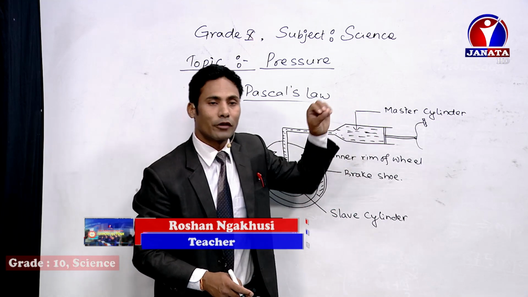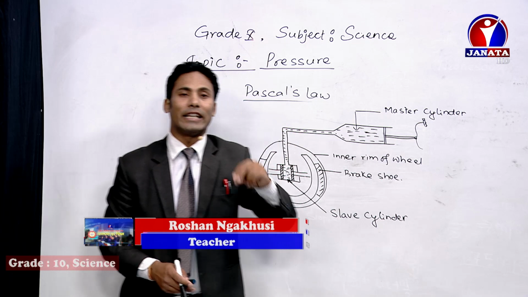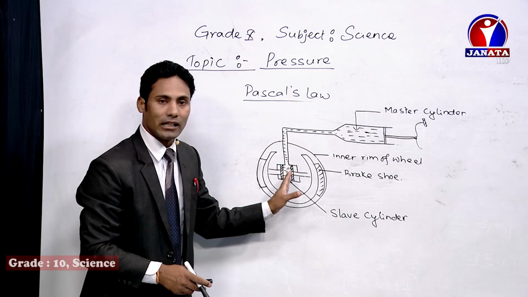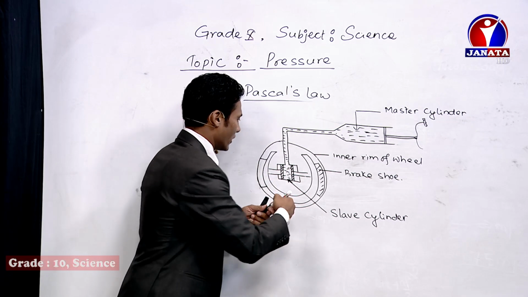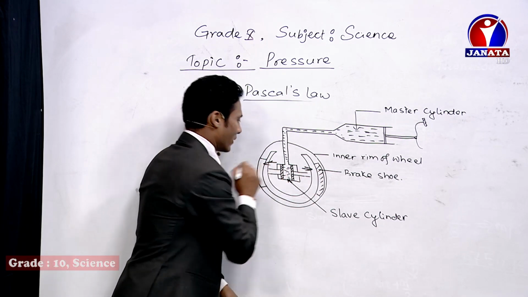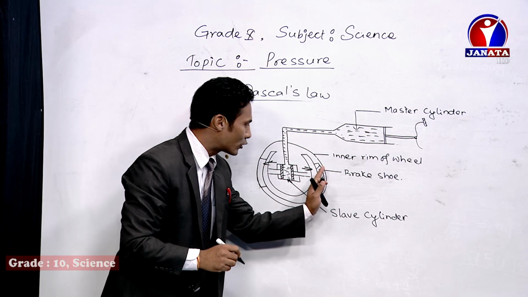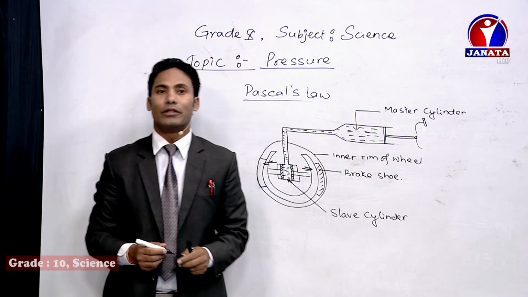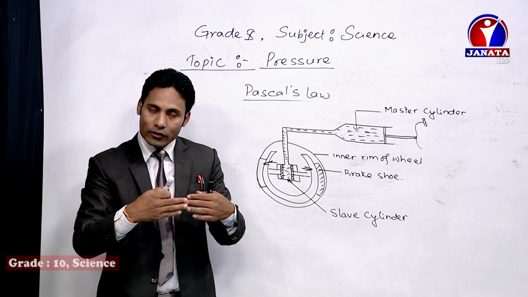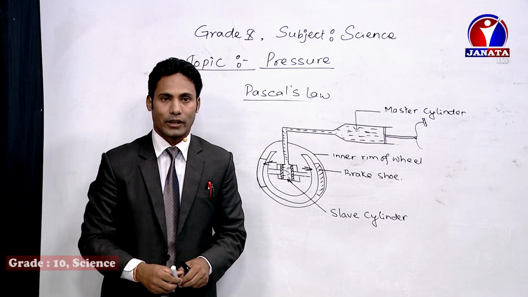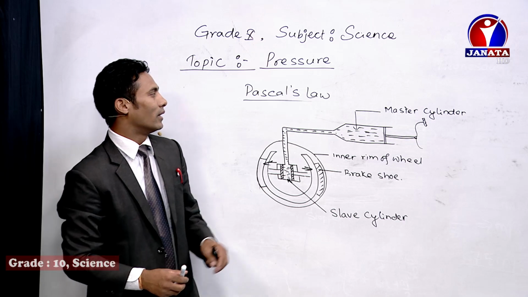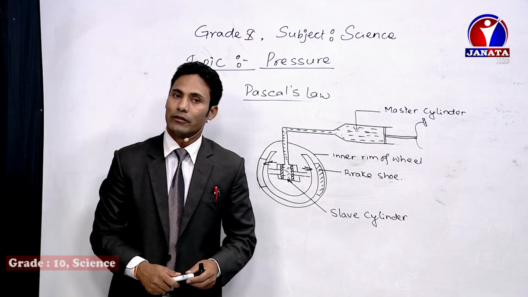From the master cylinder the pressure is equally distributed to the slave cylinder, and the slave cylinder causes a force on this portion, which pushes the brake shoe towards the inner rim, which slows down the velocity and brings the vehicle completely to rest. So by applying this we can stop even a very heavy vehicle.